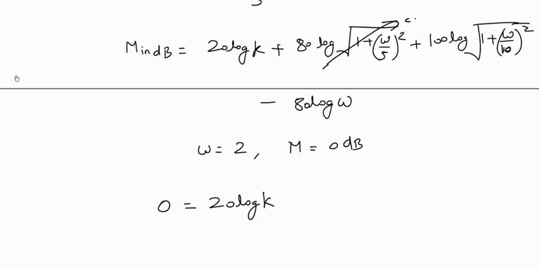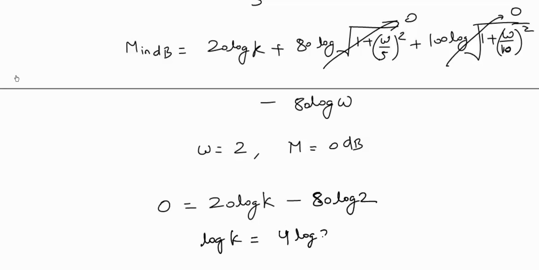So this will be cancelled to 0. This will also be cancelled to 0. Again, this will not be cancelled, so log 2. Therefore we have minus 80 log 2 here. So log k comes out to be, if we divide this, 4 log 2. So this implies k is equal to 2 to the power 4, which is 16.